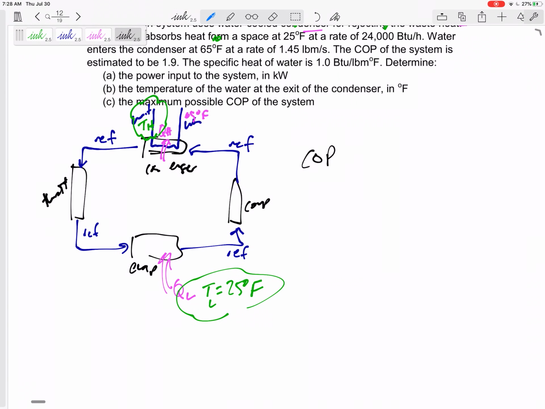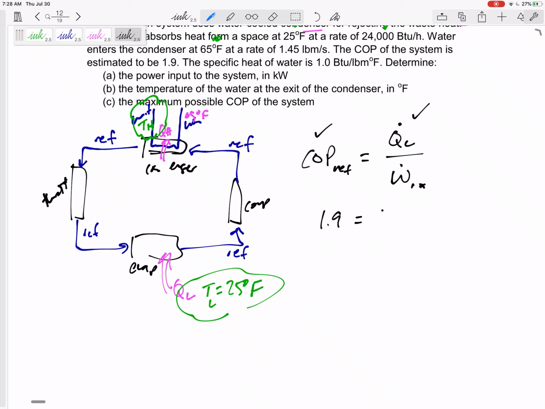So we have a few equations. One of them is COP for a refrigerator is QL over WN. I have the COP, I have the QL, so I can find the WN.